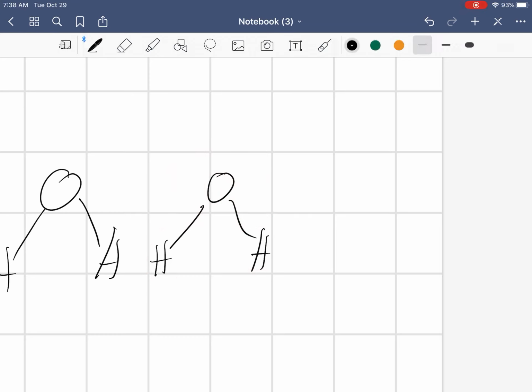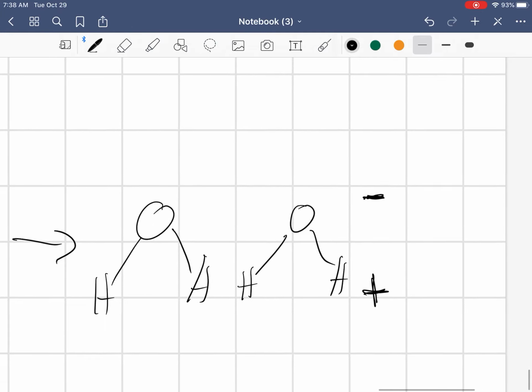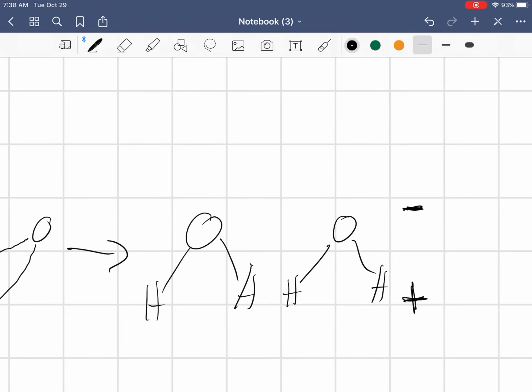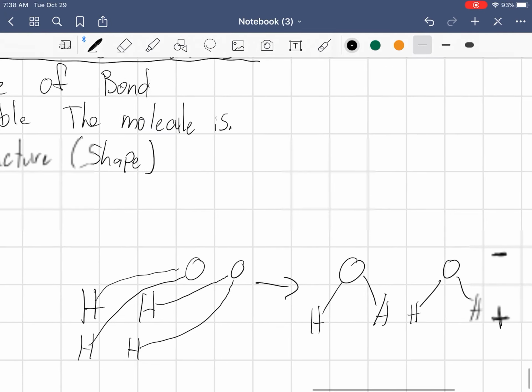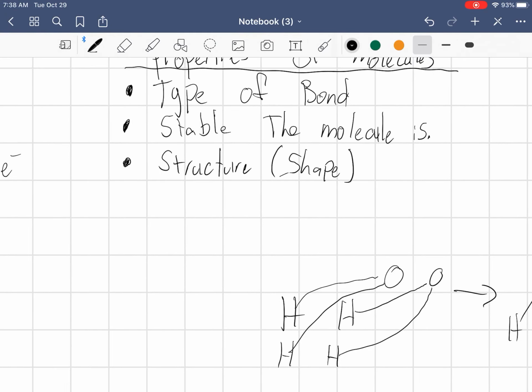So because of that, we end up having a negative charge from those electrons up by the oxygen and a positive charge down by the hydrogen, creating a polar molecule. Okay, so this molecule has its own electrical charges as a molecule itself. Even though it is a neutrally charged molecule, it's polar because of its shape, so the structure can impact that as well.